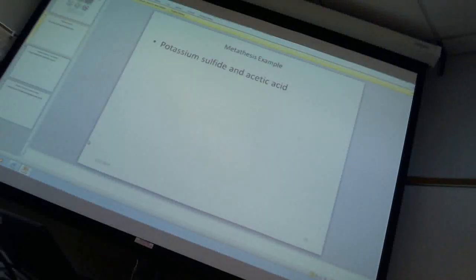And so the next reaction I want to look at is this: potassium sulfide and acetic acid. And so what's the formula for potassium sulfide?